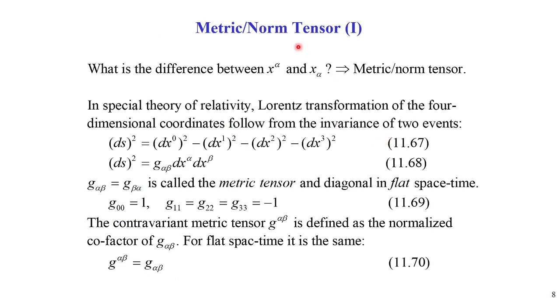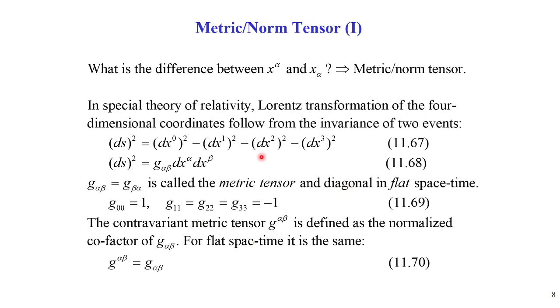What is the difference between superscript and subscript, contravariant and covariant? We can just use a metric form. By using the metric tensor, we can raise and lower the index.